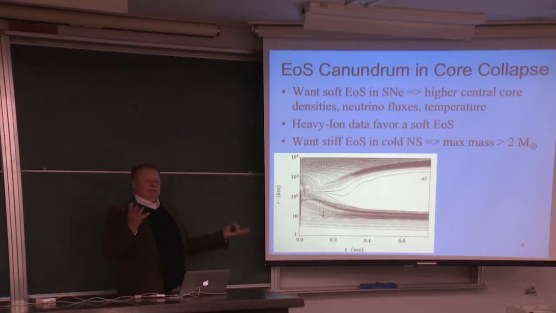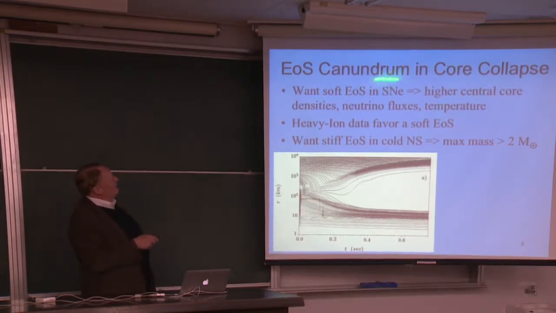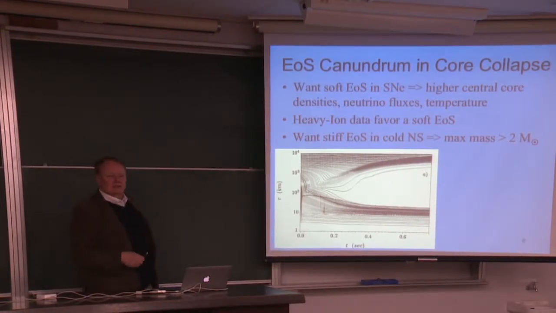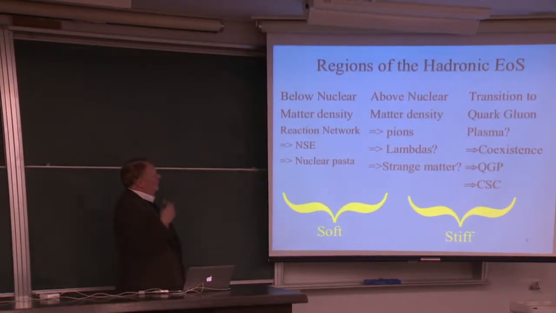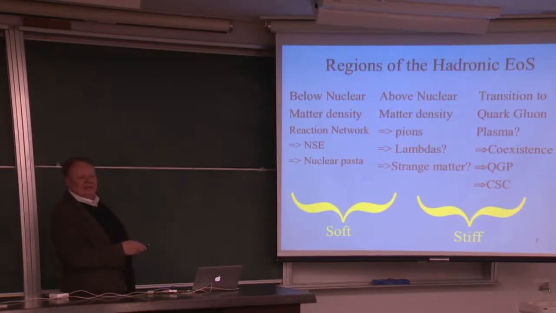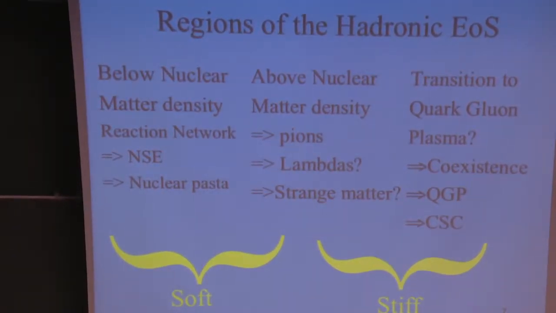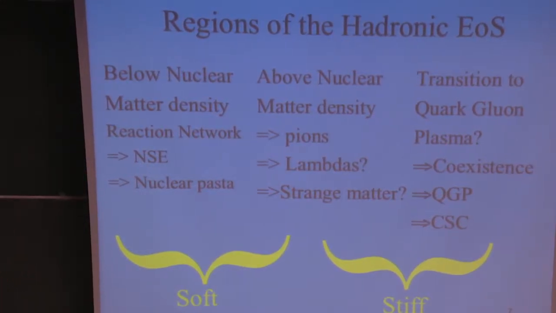So we have a conundrum in physics. You know, there's two aspects that need a soft equation of state, and yet nature keeps telling us, no, it's stiff. You can have very massive neutron stars. So one needs to go back and look at the general hadronic nuclear equation of state and see how to fix that problem. And I'll discuss the way we went back and looked at it.